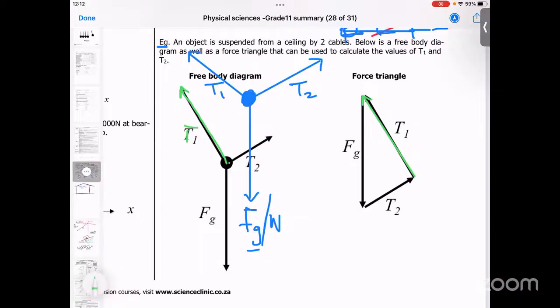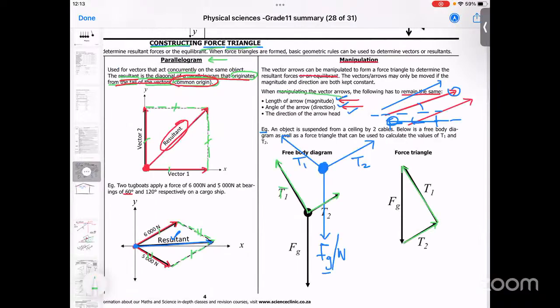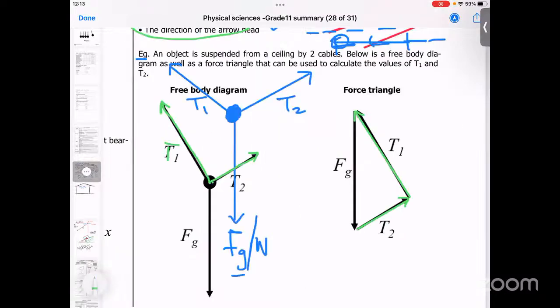You see now, this one of that rope, it is still that same one, which is in that direction. Arrow the same, angle the same, length the same. That's what they meant when they were saying these things have to be kept the same. You can just shift accordingly. And then this one still the same, vertically downwards, having that arrow being downward again, which is our FG or the weight. Can you see?